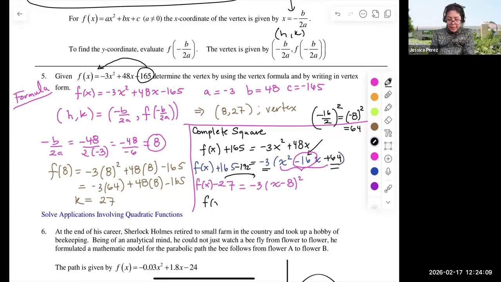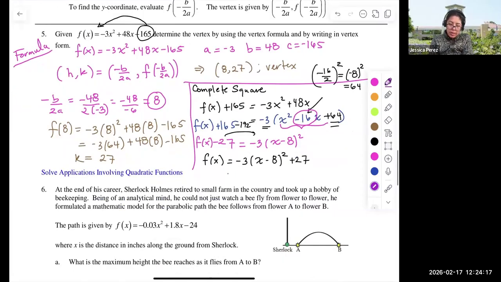And I have f of x is equal to negative 3 parentheses x minus 8 quantity squared plus 27. That's in vertex form, right? There's A, there's H, and there's K. H is 8, K is 27, and A is -3, which is exactly what we have on the other side. So the formula works and completing the square works.